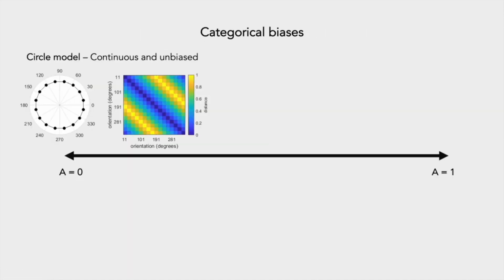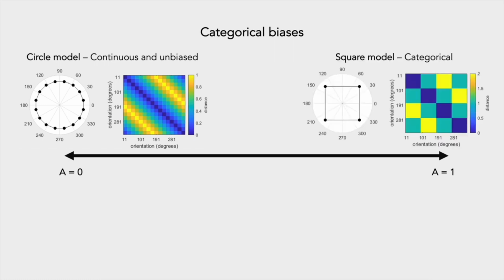In a still ongoing analysis, we are also inspecting the data with respect to orientation biases, specifically cardinal bias. With our RSA-based approach, we can quantify cardinal bias through a mixture of a perfectly circular orientation model, no bias, and a square model, which will reflect maximal cardinal bias.